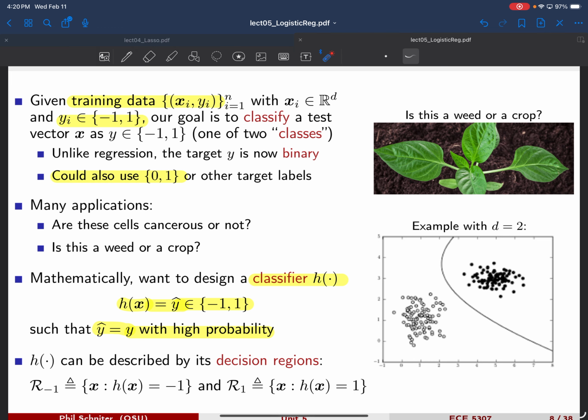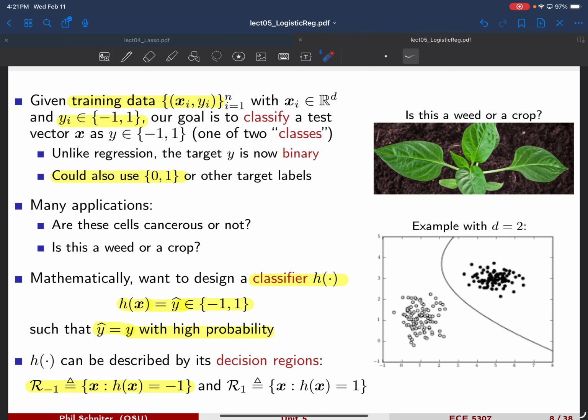Mathematically, we would build one region as the set of features x such that h of x equals -1, and the other region is the set of x such that h of x equals 1. So we can think about h through its decision regions, or we can think about it as a function taking features to something in our label domain. Does that make sense?